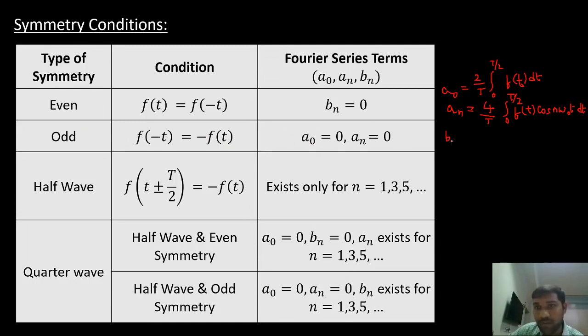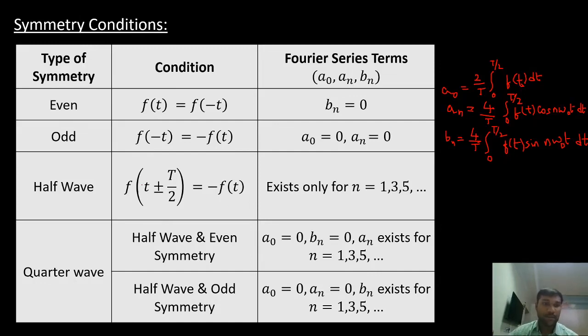On further simplification of Bn, we have 4 by T, integral 0 to T by 2, f of t sine n omega naught t dt.